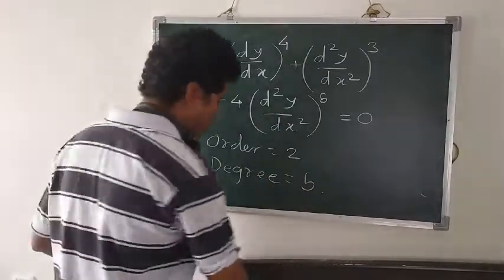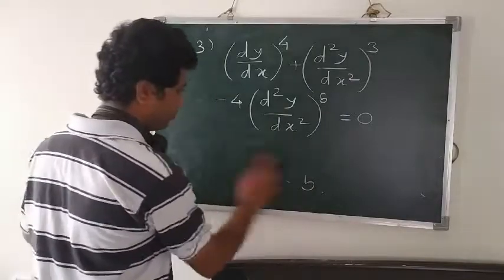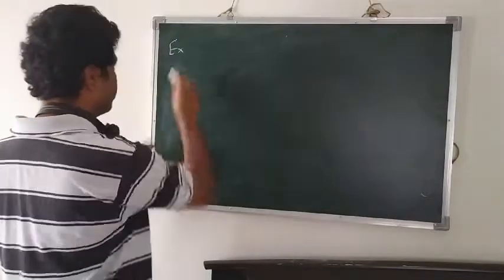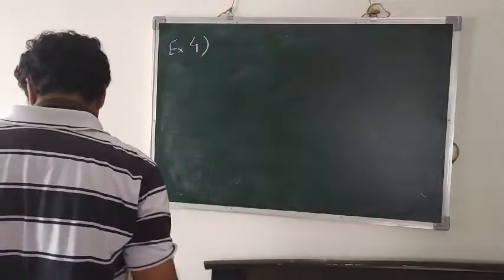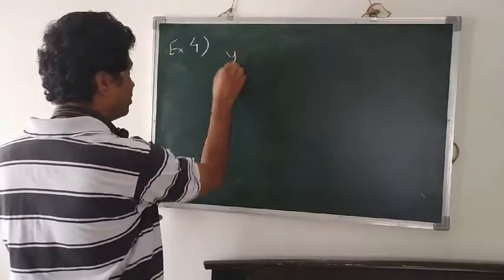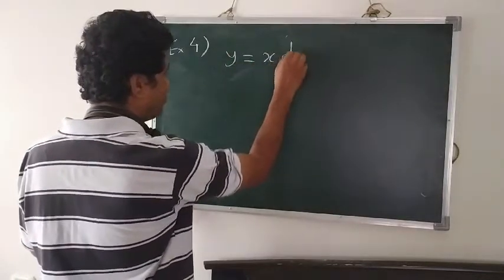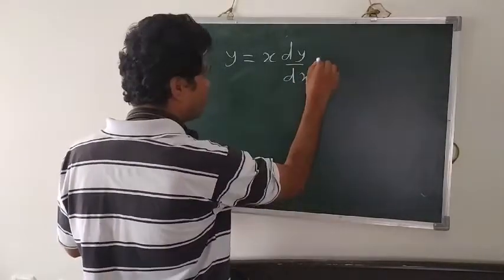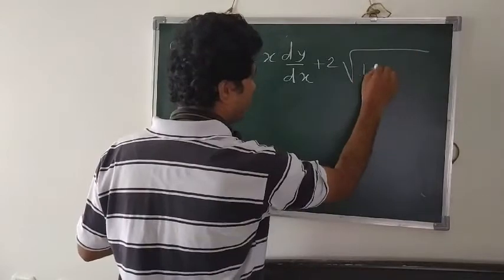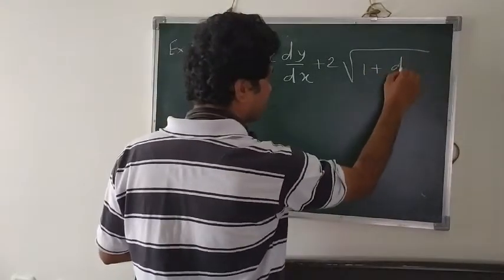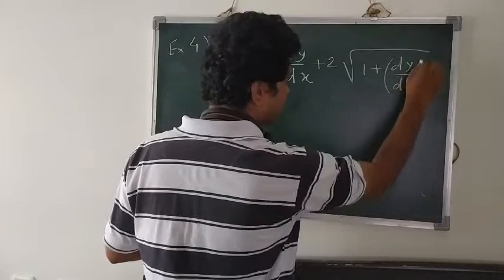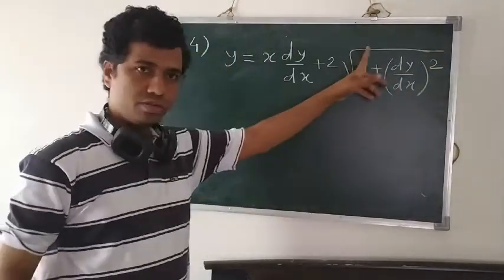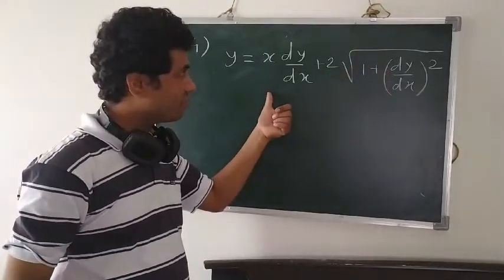Let us consider next example. y is equal to x times dy by dx plus 2 times square root of 1 plus (dy by dx) square. We can see that there is square root. We have to simplify this equation.